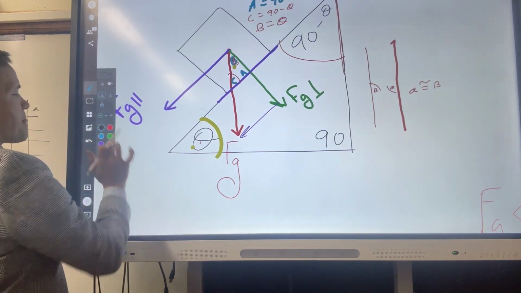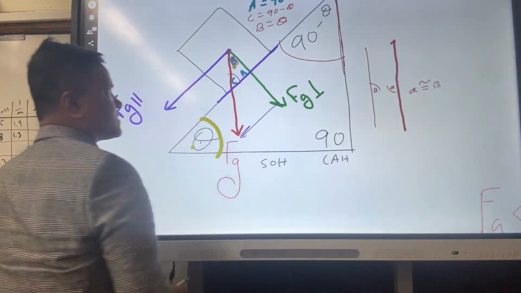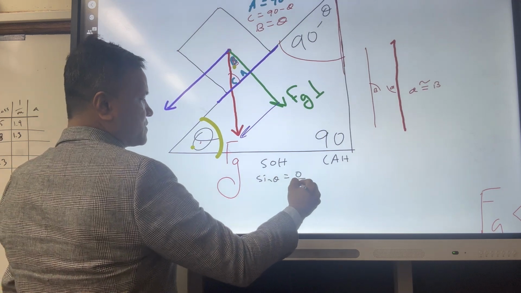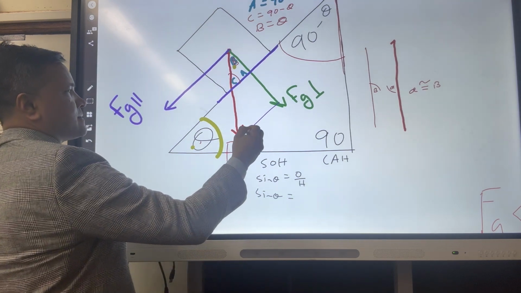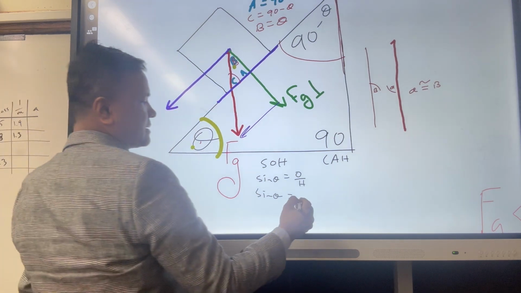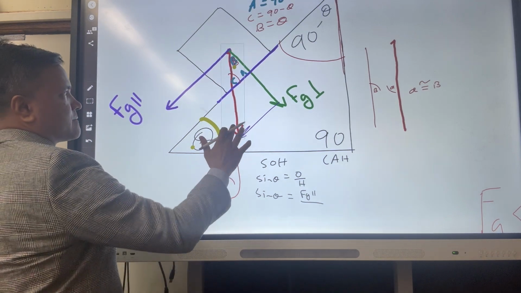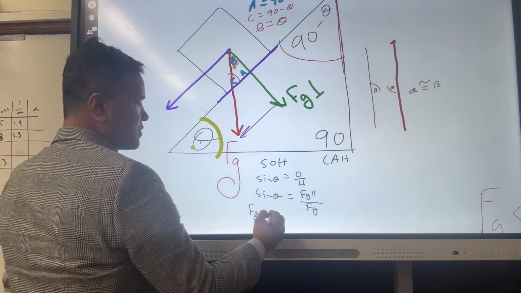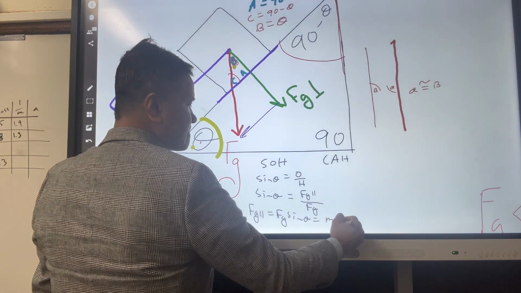Let's use SOHCAHTOA. So, what is sine? Sine theta, you know, is opposite over hypotenuse. What is opposite? Opposite is this one, FG parallel. What is the hypotenuse? FG itself. So FG parallel has the equation FG sine theta, or mg sine theta.